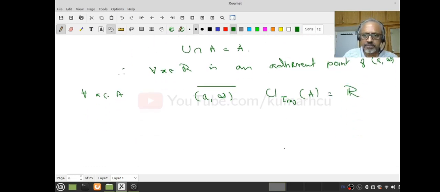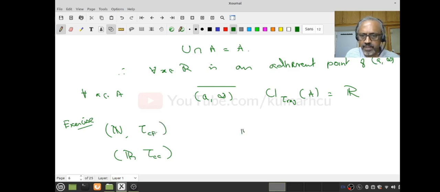To make sure that you understand, try to do this with N with the topology we have defined earlier, as an exercise, and also do it with R with the co-countable topology and the co-finite topology, and N also with this initial topology kind of thing.